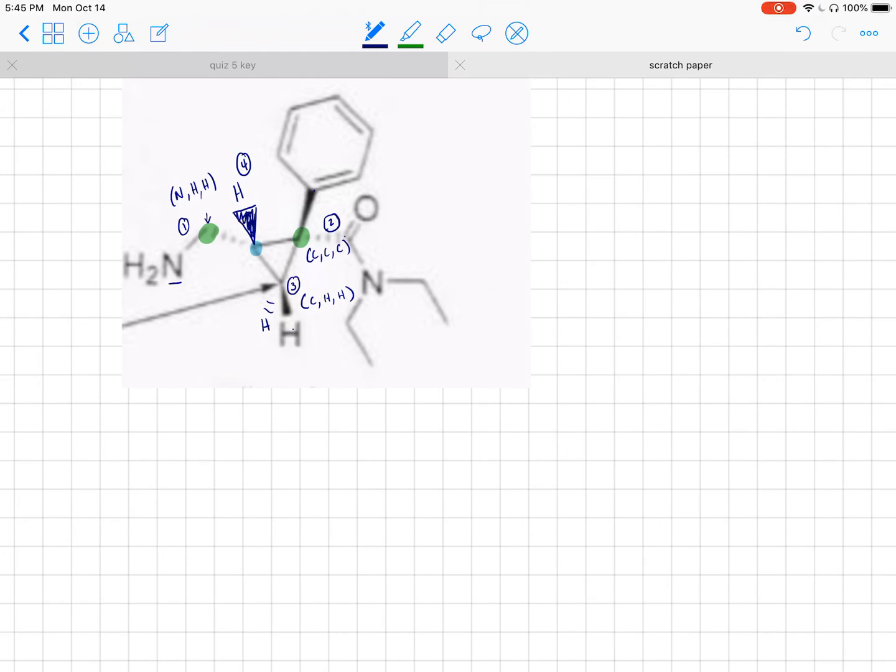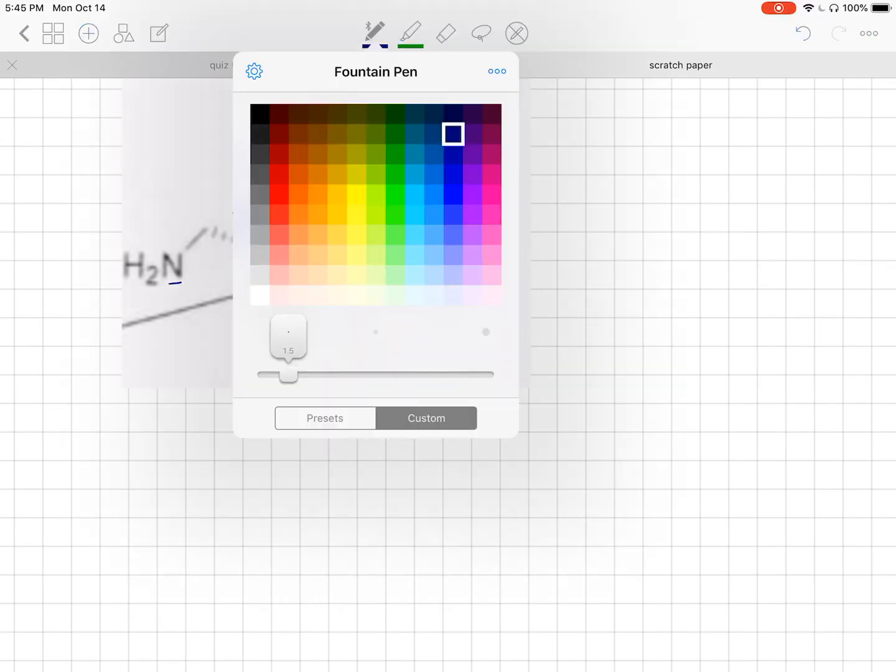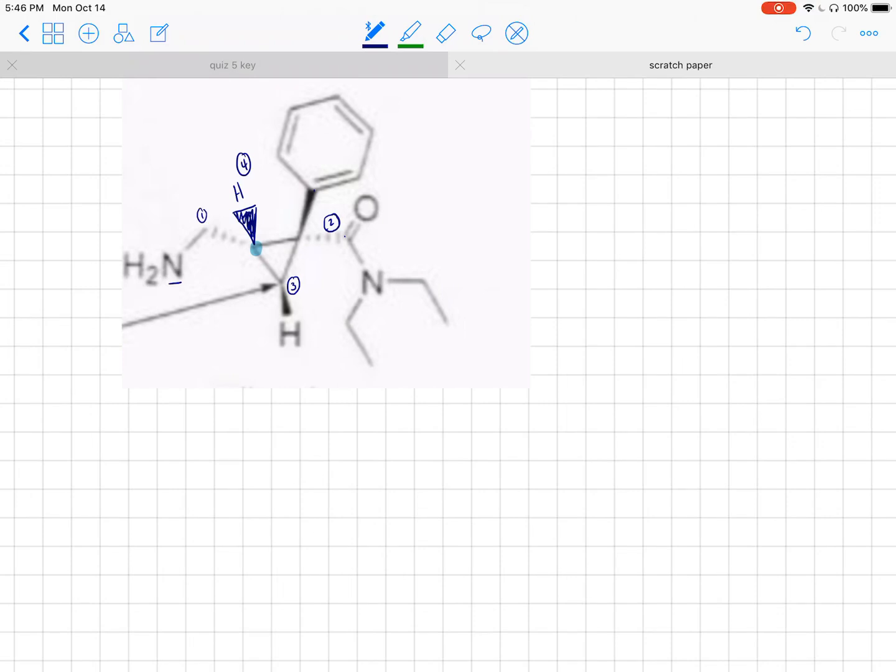I'm going to erase everything except for the 1 through 4 numbers, just to make things easier when we are figuring out which way the arrow is going. So just again, this is number 1, and then let's put this 2 over here.